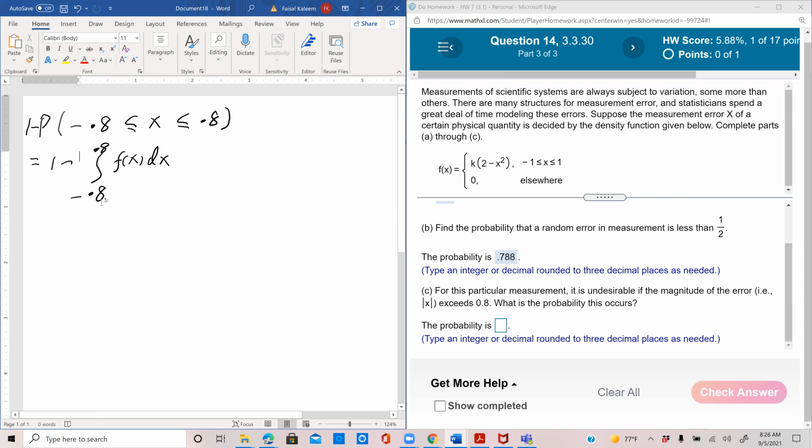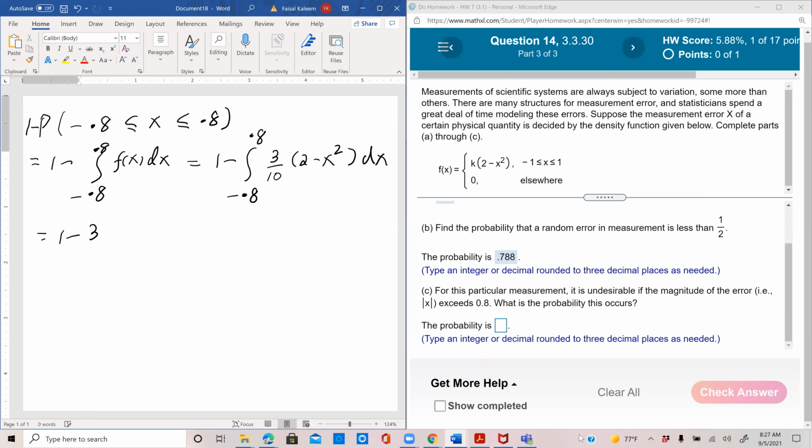Now, negative 0.8 to 0.8 falls within this interval, -1 to 1. So it's 1 minus the integral from negative 0.8 to 0.8, and the function definition over there is k times (2 minus x squared), which is 3/10 times (2 minus x squared) dx.